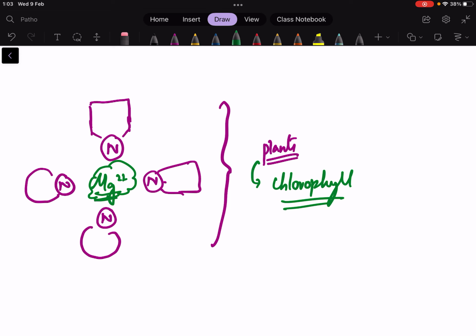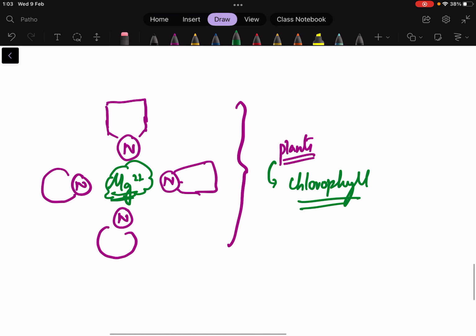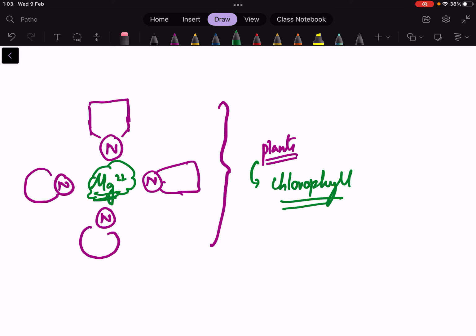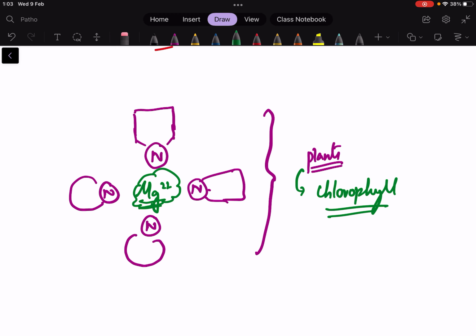So in humans the middle component is usually iron, which leads to heme synthesis, and in plants the middle component is magnesium, which is mainly seen in chlorophyll. So these nitrogenous bases are very sticky, right? So these nitrogenous bases will stick with this magnesium in the chlorophyll.